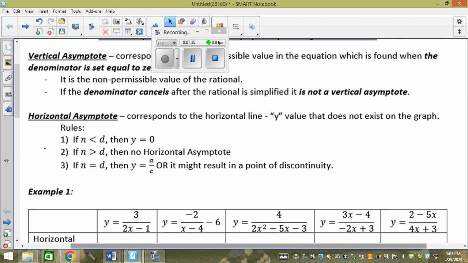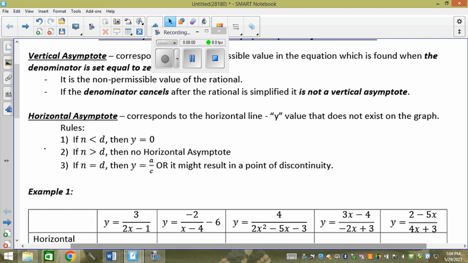So when your teacher gave you these, they said before we add, before we subtract, before we multiply, before we divide, before we simplify, we have to do what? State the non-permissible values. And this is the first time we ever really had non-permissible values, because it's the first time we were given a fraction with the variable in the denominator.